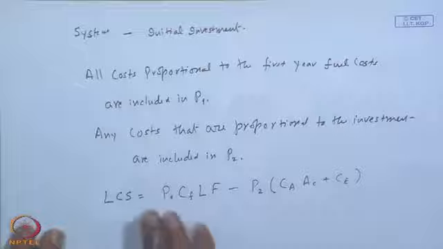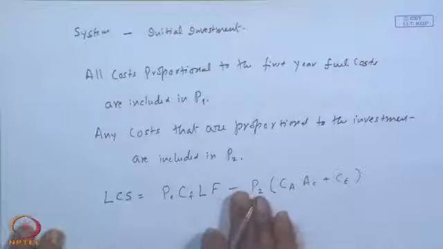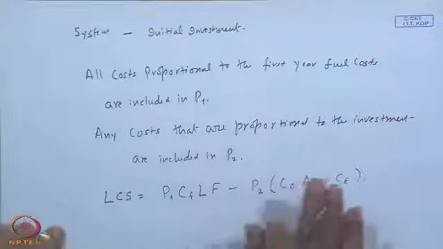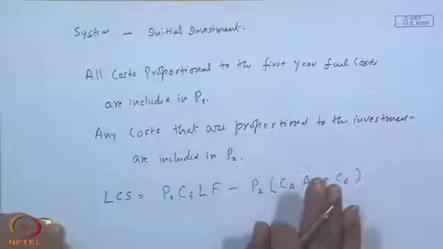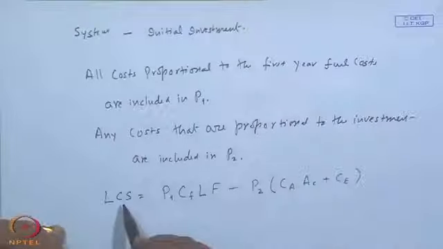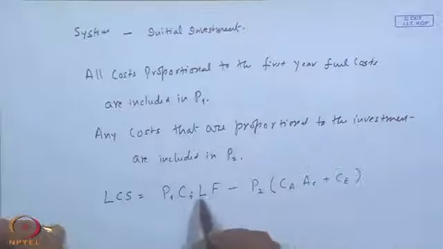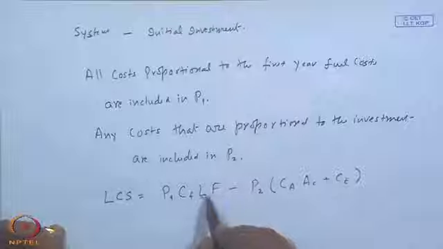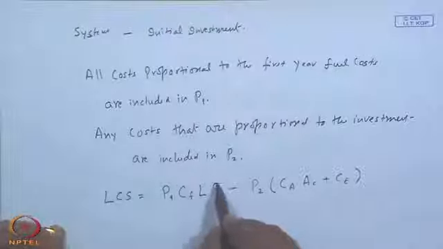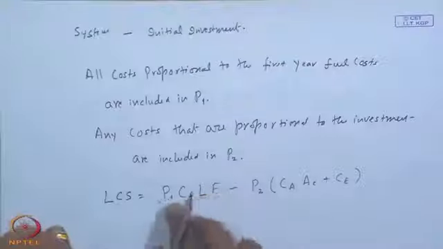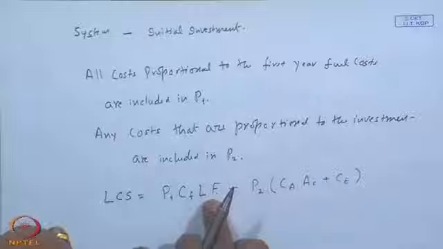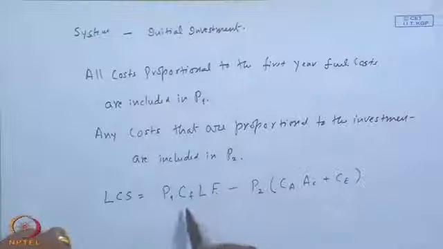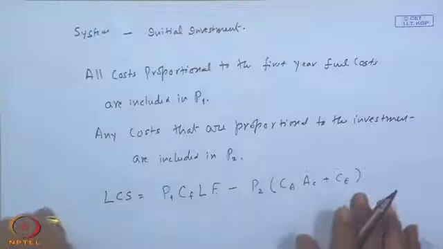So, basically if you forget about P1 and P2, it is almost like that simplistic payback period calculation. Life cycle savings will be the cost of the fuel in the first year multiplied by the solar load fraction, load into the load fraction, that will give you the energy delivered. So, this is the amount of fuel money saved in the first year minus the cost of the system.